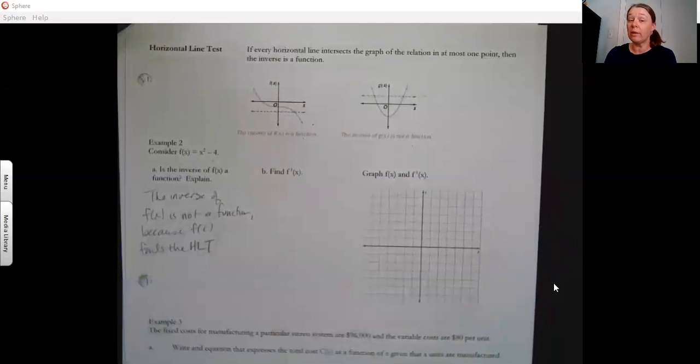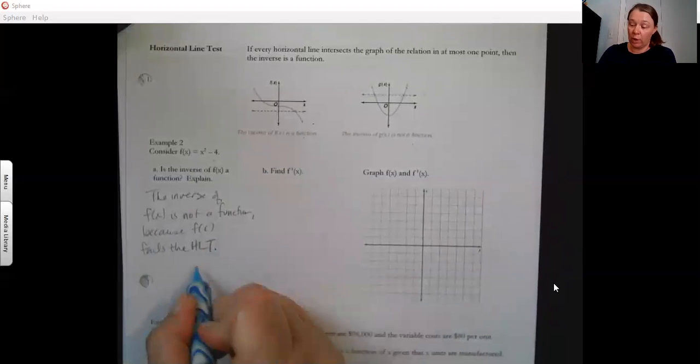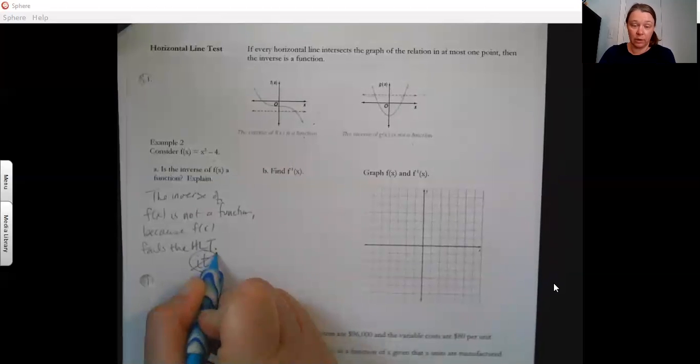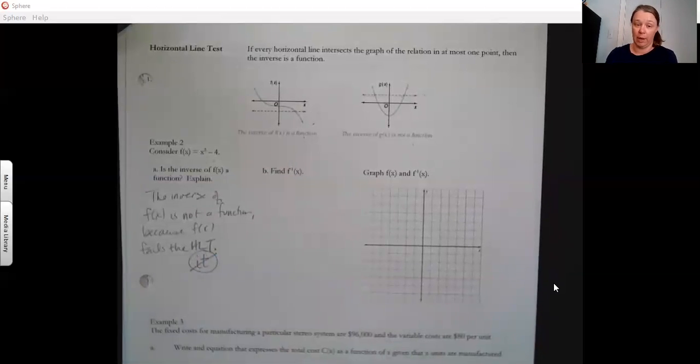And if you're looking at an inverse and trying to tell whether or not it's a function, you wouldn't use the horizontal line test, you would use the vertical line test. So the horizontal line test is only used when you're referring to the original function. I don't want to see you using that pronoun "it" unless you're being very, very careful about it.